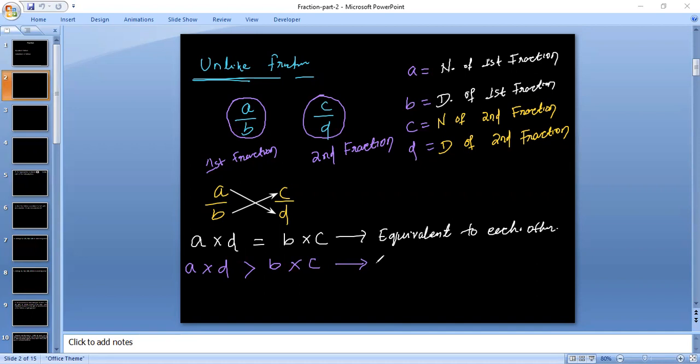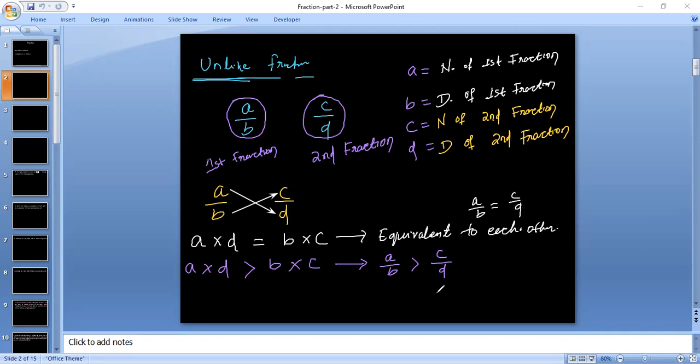The first fraction will be greater than the second fraction. That means A by B is greater than C by D. In the first case, the fractions are equivalent, so A by B is equal to C by D.